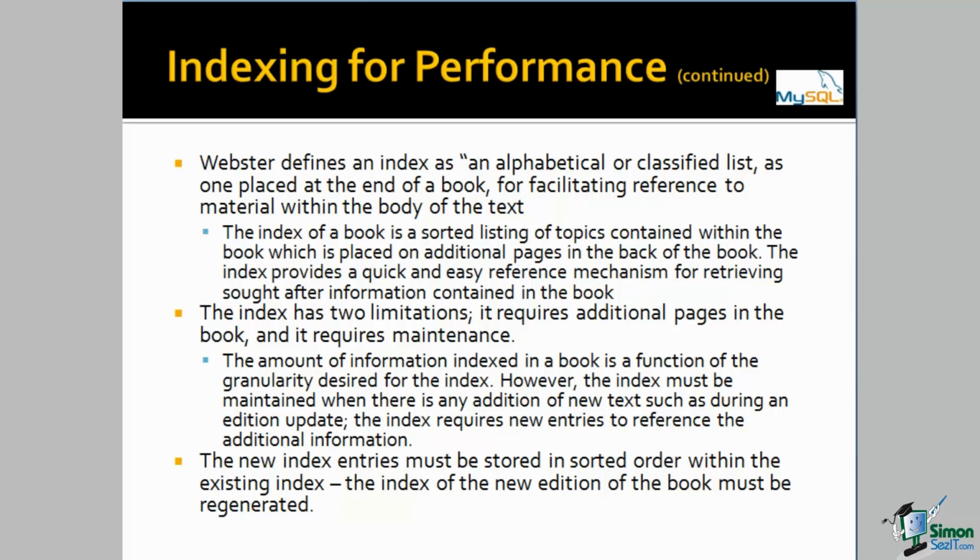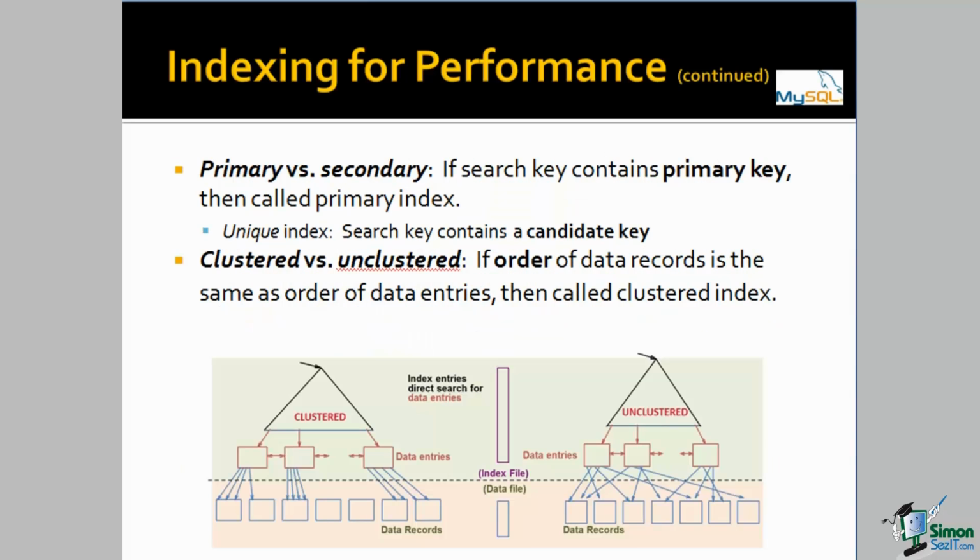Likewise, as the data within the database is updated, deleted, or inserted, the index requires maintenance for the addition or the changes in the data. There are two types of indexes: the clustered index and an unclustered or non-clustered index. A clustered index is created when we define a primary key on a table.